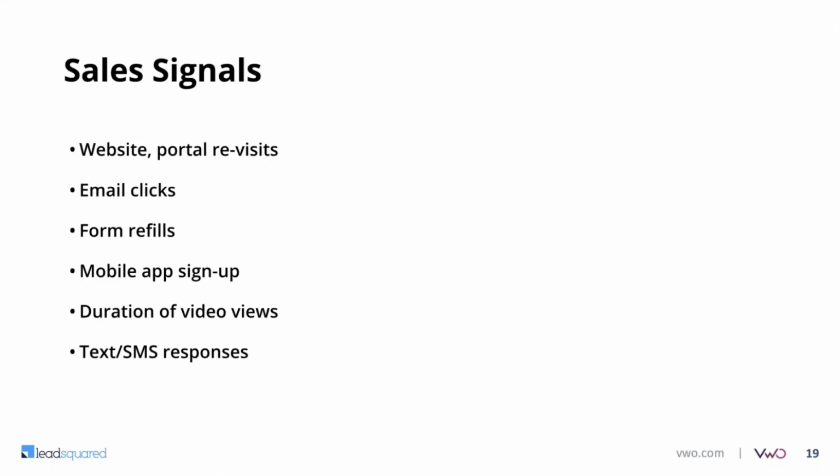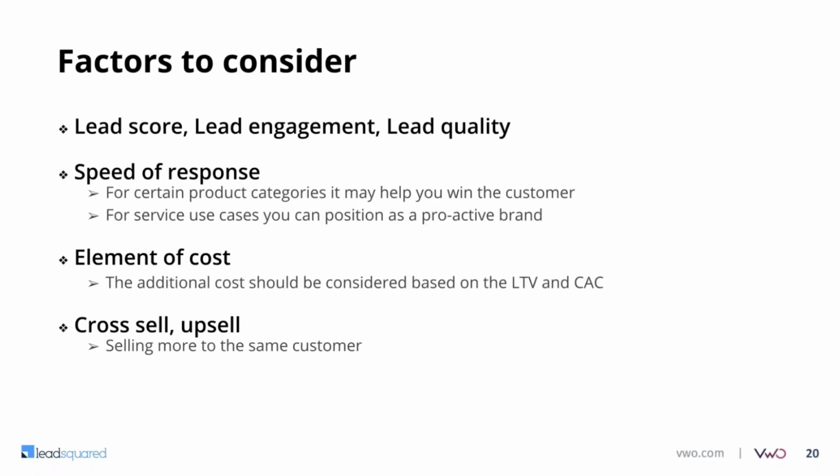So assuming that we have some information available with us from these signals, what can we do, or what factors will help us navigate the question of whether we should contact them on the phone or on email or any other mechanism which is available to us.